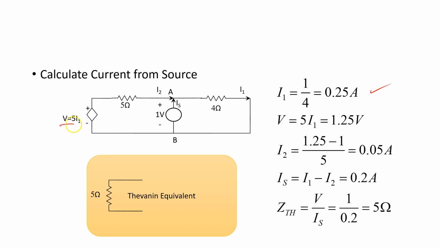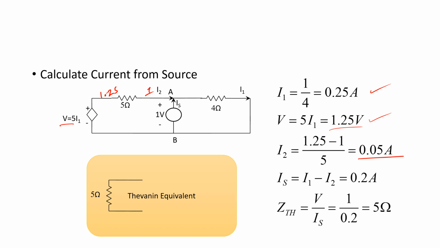I know that the voltage here is 5I1, so that is 5 times 0.25, which gives me 1.25 volts. So then the voltage here is 1.25, and this is 1 volt. So this I2 is 1.25 minus 1 over 5, which will give me 0.05 amps.